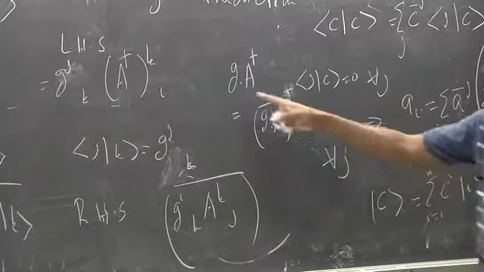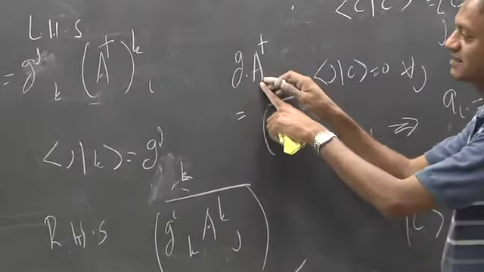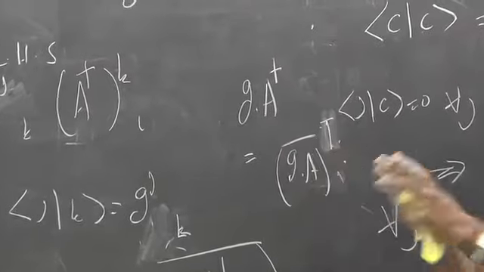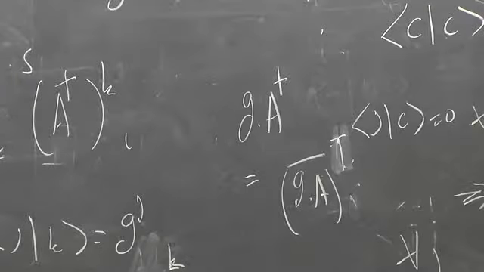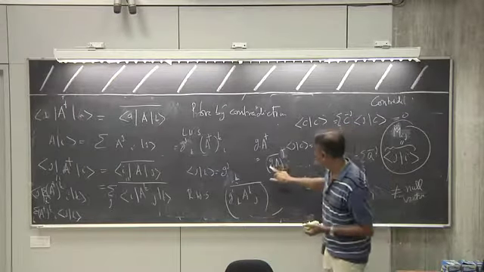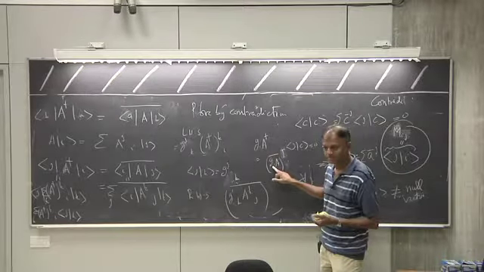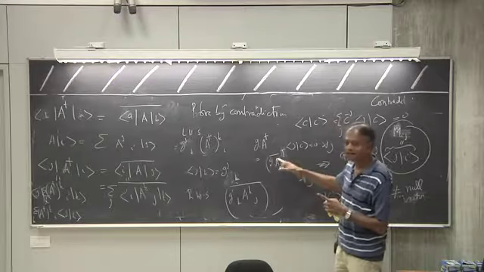Because of this G, the adjoint matrix is not simply the usual one. For a matrix you have a notion of taking the adjoint, which is simply taking the complex conjugate and transpose. If G was not there, suppose G was the identity matrix, in that case this would be the standard definition.